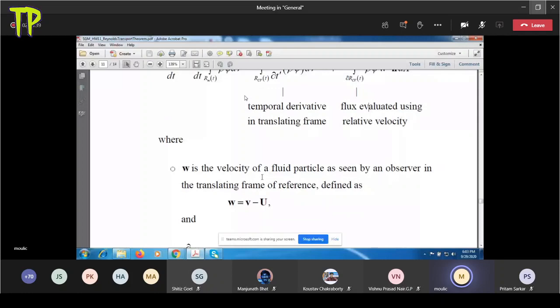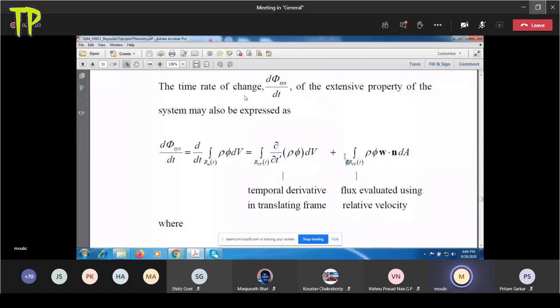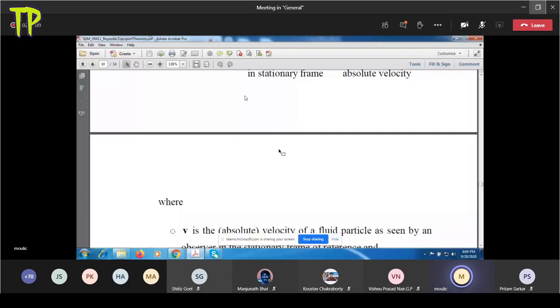Because in many cases, the flow may be steady in the translating frame, in which case the first term will be 0, and all you have to do is find the flux of the property using the relative velocity. I'll go through this again in the next class and see how we can apply this to the Pelton turbine, and we'll be using this form. So form 2 and form 1 are equivalent.